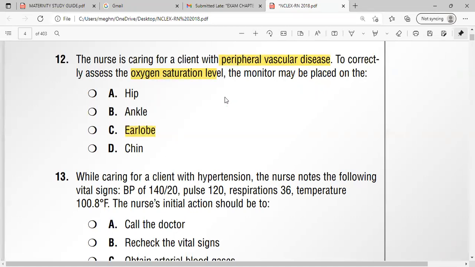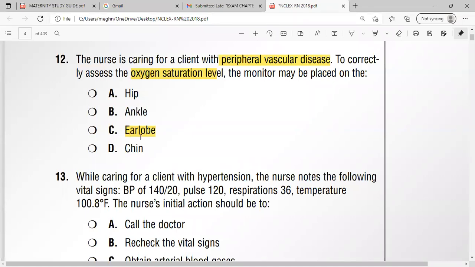Why? If the finger cannot be used, the next best place to apply the oxygen monitor is the earlobe. You see, the finger is not in the four options. If the finger is there, we can choose the finger. So if the finger is not among the options, the next best place is the earlobe.